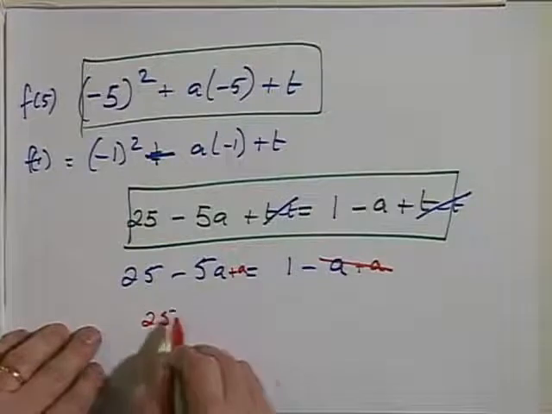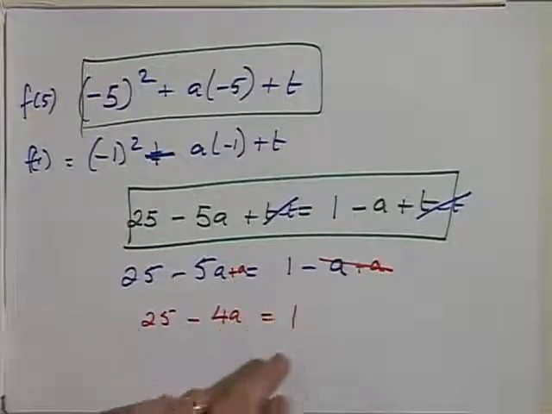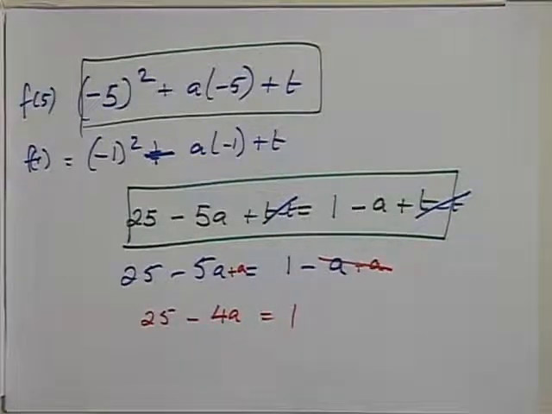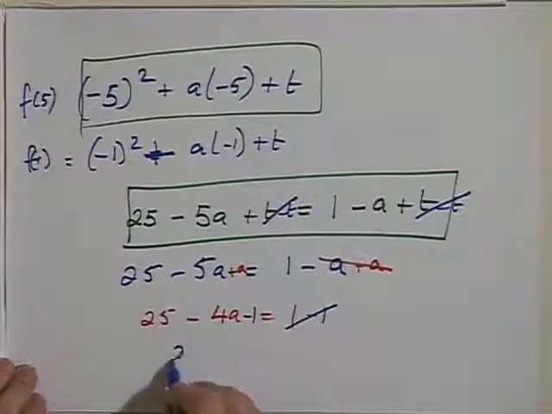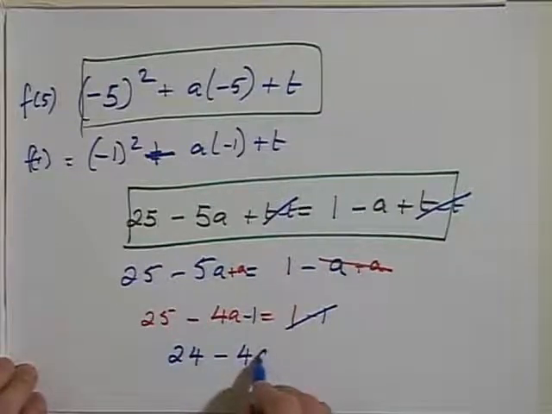So 25 minus 5a plus a, minus 4a, is 1. That's a plus 1, isn't it? So minus 1 here would give me minus 1 here. So 25 minus 1, 24, minus 4a is 0.